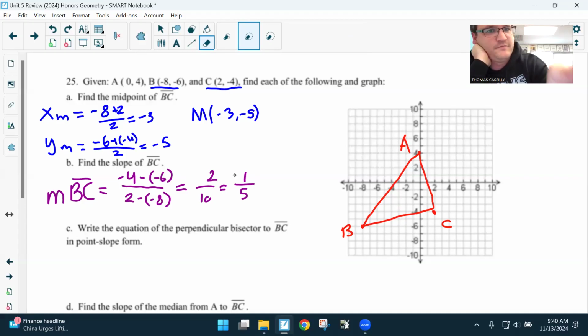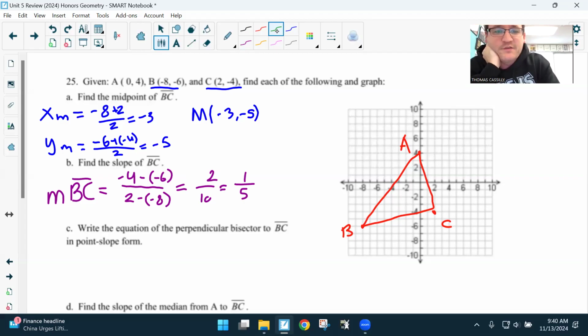There we go. Yikes. Not a good start to the video. So the slope of BC is +1/5. So it's going up one space for every 5 spaces it goes to the right. Or if you look at BC, it's going up 2 spaces and then to the right 10 spaces. So if you wanted to save a little bit of time here, that's how you would figure that out. It's your rise over your run.